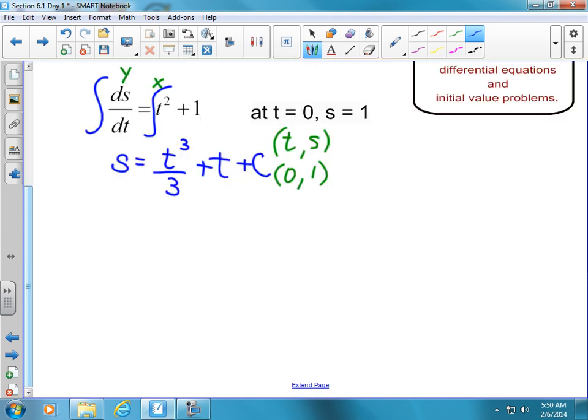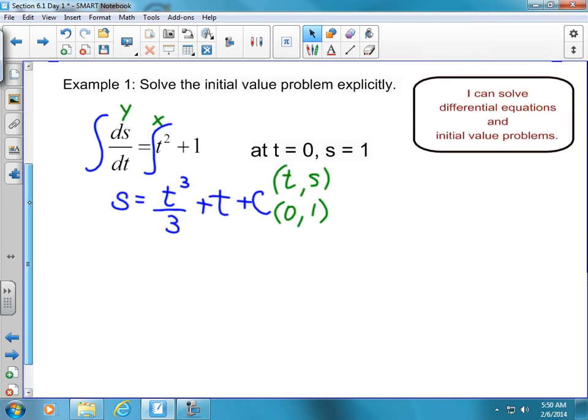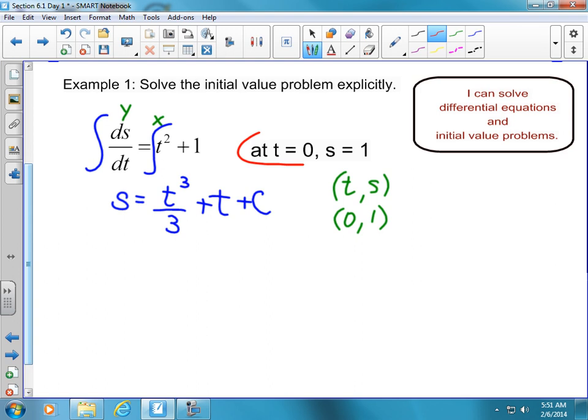All right, so we have this differential equation solved with a general solution. Now we have to find the particular solution when time 0 equals 1. So we plug in a 1 for the s, and for the t, we plug in a 0. 0 cubed over 3 plus 0 plus c.